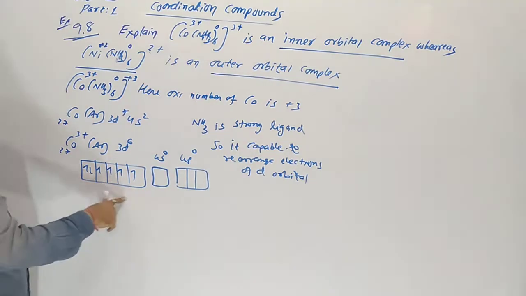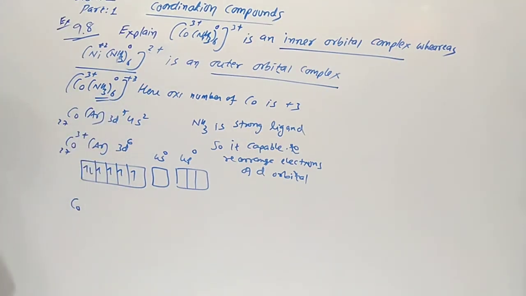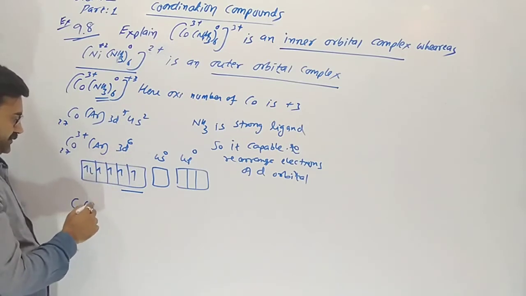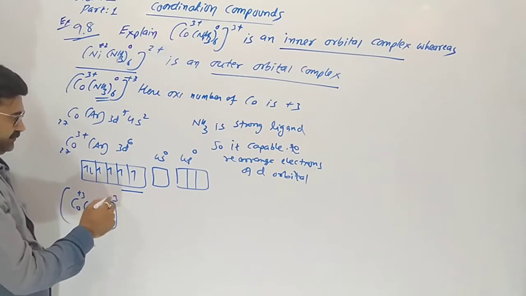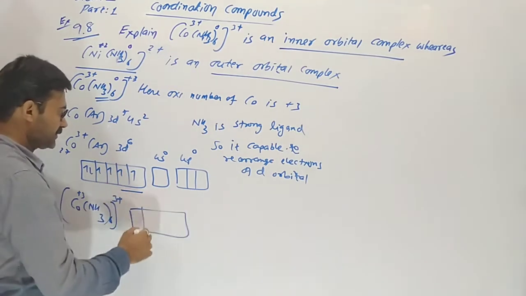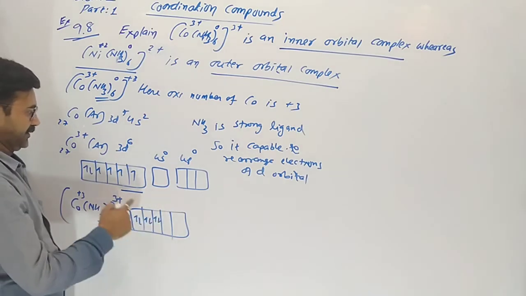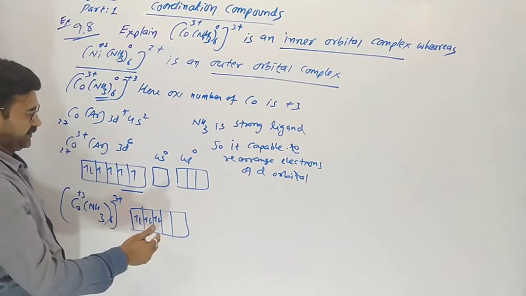In the d orbital there are 4 unpaired electrons. Here 6 ligands are coming, so 6 orbitals should be vacant. For getting 3d vacant, these 2 electrons move here. When Co 3+ ion combines with 6 amine, it pushes up the electrons, and now all the electrons become paired.